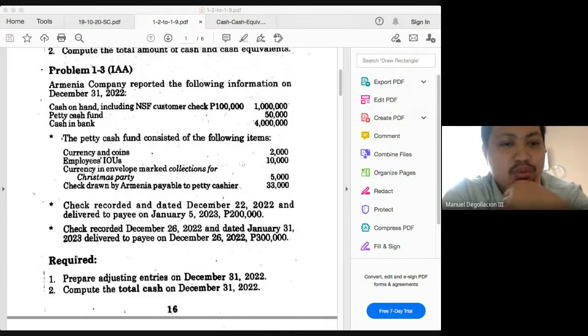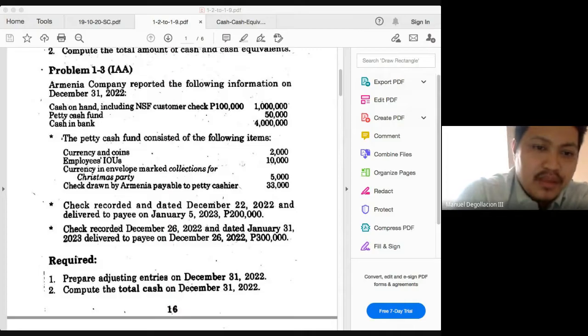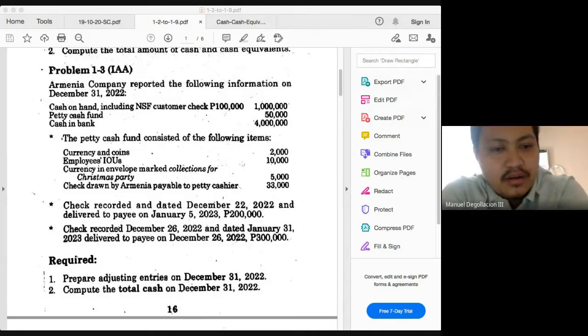As of 2022, our cash in bank will not be reduced by the 200,000 payment recorded in 2022. Because again, it would be impossible for our actual cash in bank to be reduced by this amount because the check was not delivered to the payee in 2022. It was only delivered to the payee on January 5, 2023.